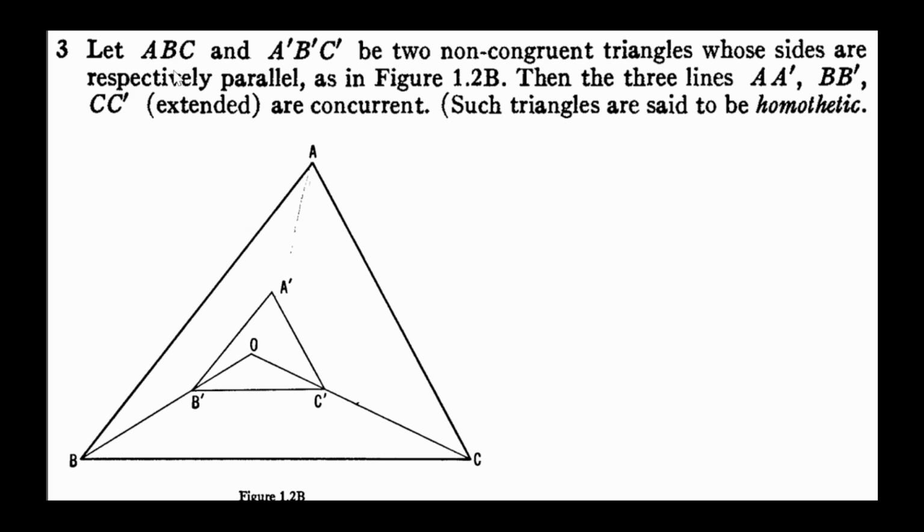The problem states, let ABC and A dash B dash C dash be two non-congruent triangles whose sides are respectively parallel, as shown in figure 1.2b. Then the three lines AA dash, BB dash, CC dash extended are concurrent.